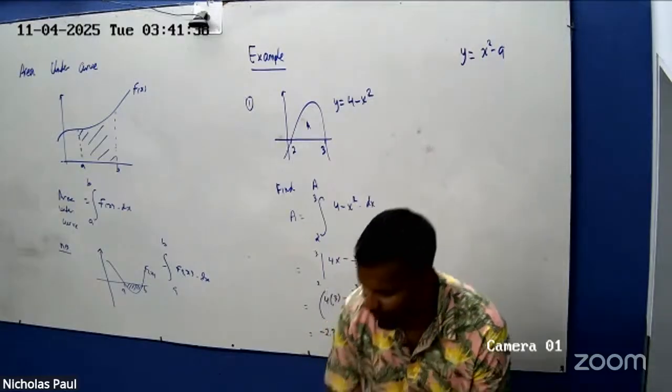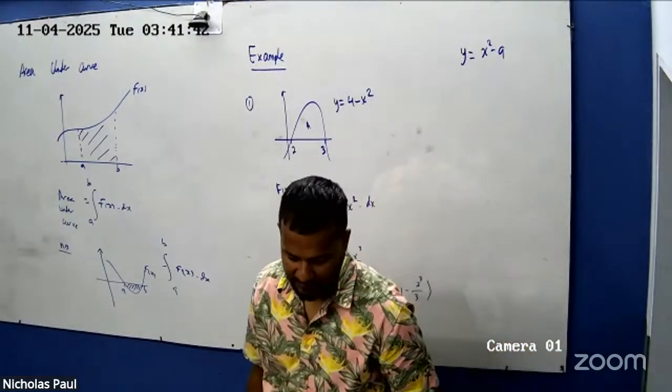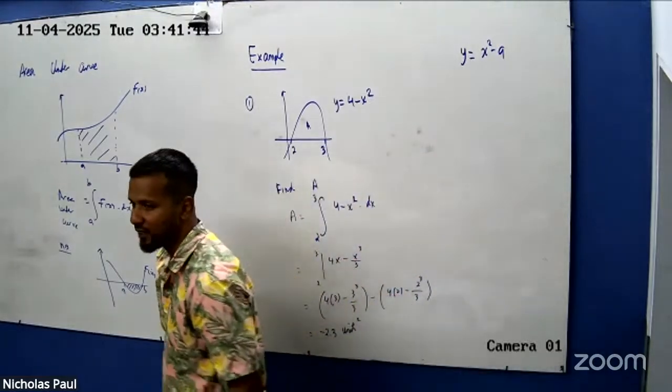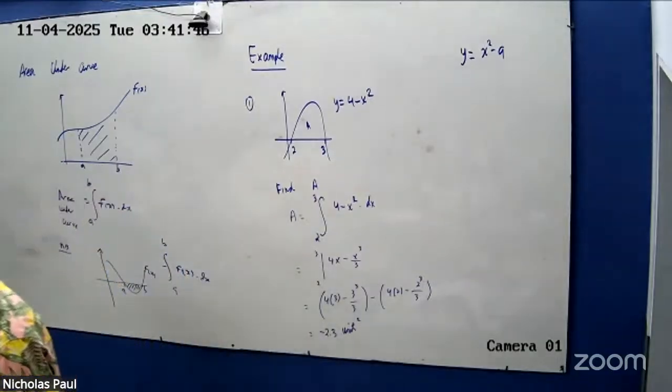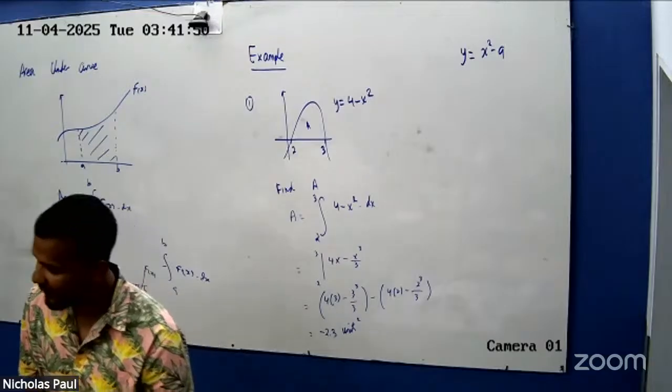Find the area of the region bounded by the curve y is equal to x squared minus 9 and the x-axis.